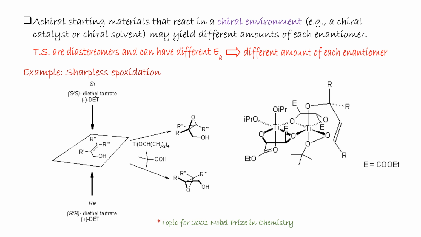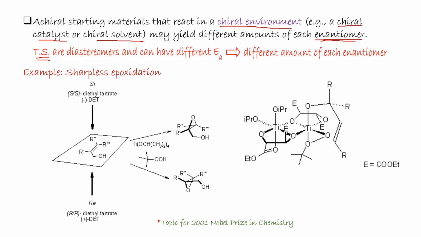An achiral starting material that reacts in a chiral environment, meaning a chiral catalyst or chiral solvent, may yield different amounts of each enantiomer. Okay? The transition state is very important. Why?